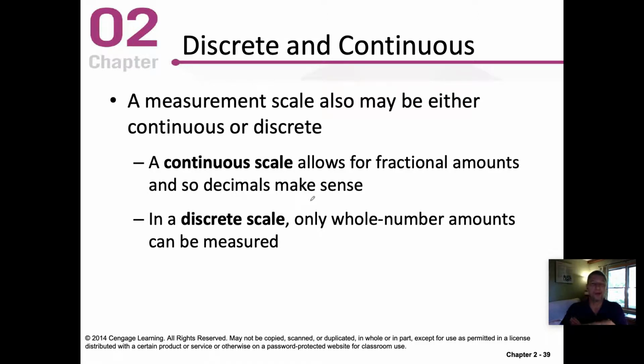For example, if you're measuring height, not everybody who is 6 feet 2 inches tall is really 6 feet 2 inches tall. In reality, there are some people who are 6'1.5", 6'1 3/4", 6'2", 6'2 1/4".